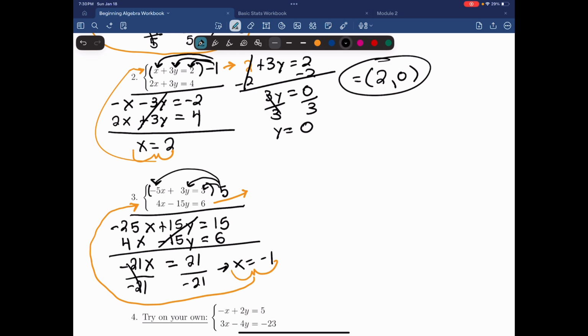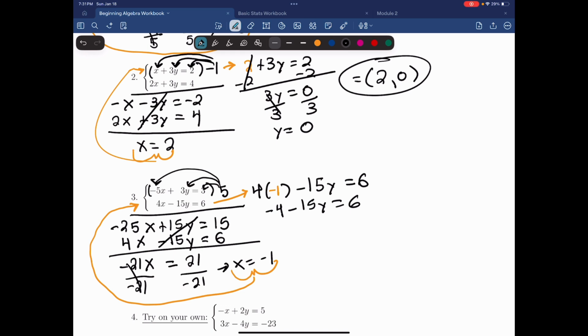So we get 4 times x, which is negative 1, and then we're going to subtract 15y and set it equal to 6. Now, to solve for y, first I'm going to simplify 4 times negative 1, which is negative 4. So we get negative 4 minus 15y equals 6.